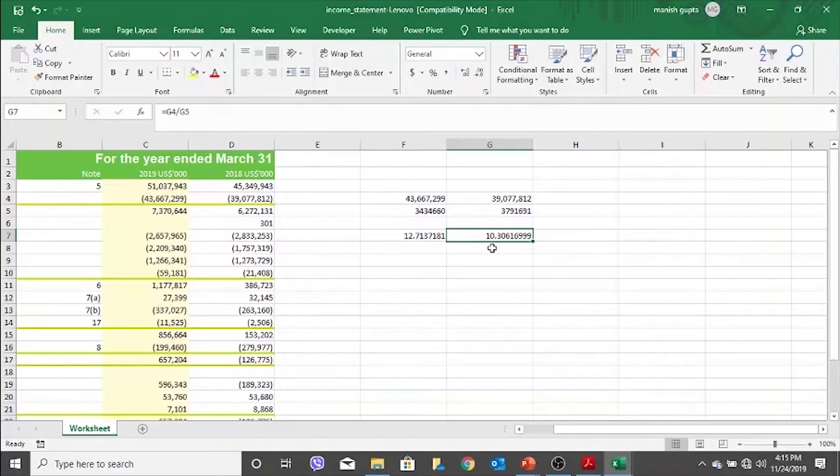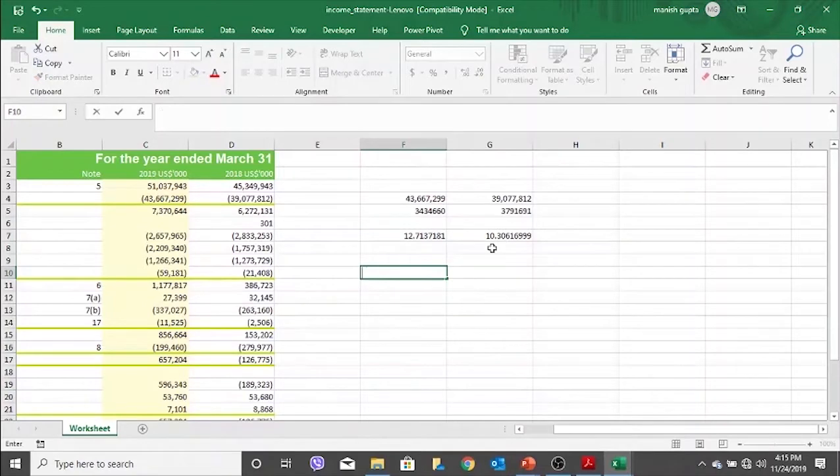And how many days' worth of inventory do they keep? The formula is 365 divided by the turnover. So they are keeping around 28 days of inventory.